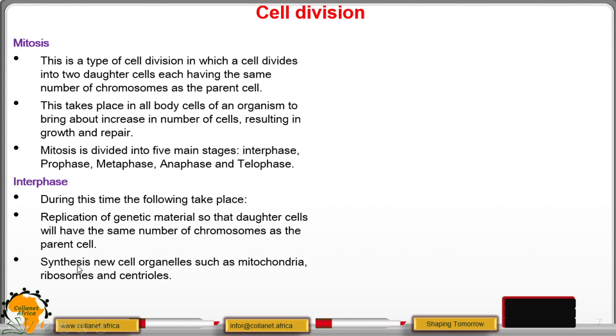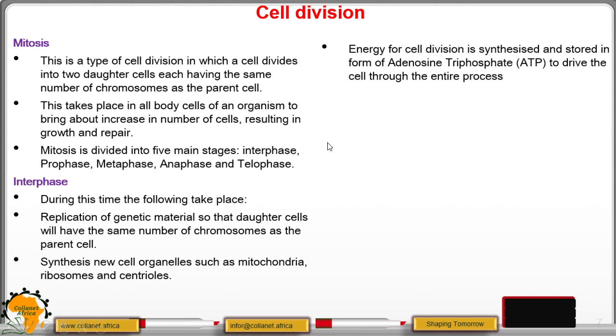After that, there is manufacturing of new organelles like mitochondria, ribosomes, and centrioles. And remember, the organelles involved in cell division are called centrioles. Then mitochondria definitely yields energy to drive all the processes of the cell, and ribosomes are required for the synthesis of proteins.